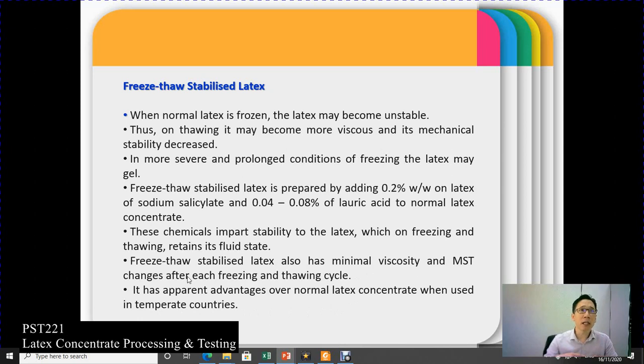So if you export your latex to temperate countries, which are countries with a fall season or very low temperature, you need to use the freeze-thaw stabilized latex. Okay, you don't want your latex to start to freeze during shipping, and when they thaw it, the latex starts to gel or increase in viscosity, with reduced MST, mechanical stability.